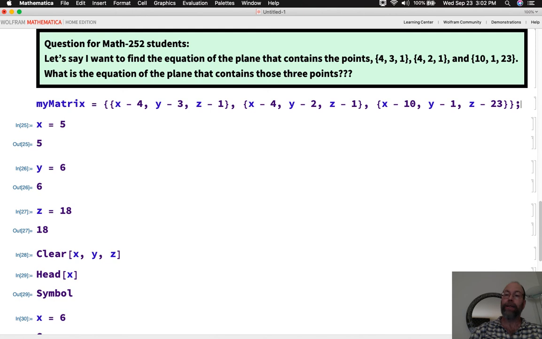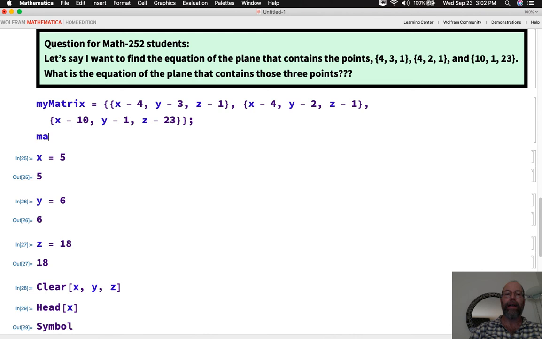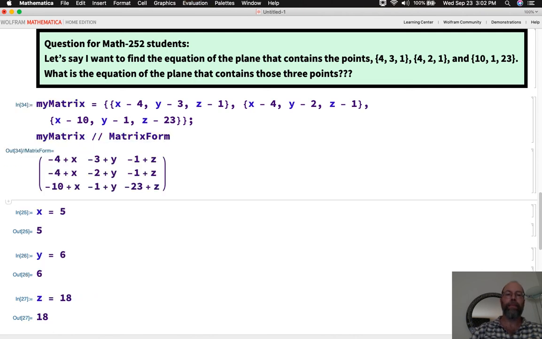I need that semicolon. You need a semicolon if you're going to put two or more commands together on the same line or in the same command sequence. My matrix form.